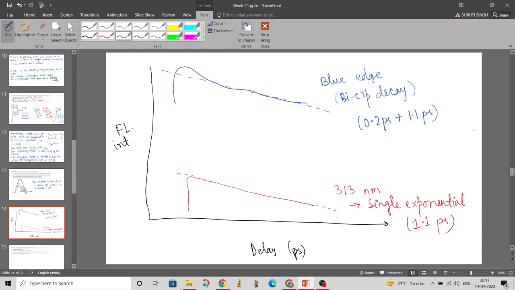So this is the case for fluorescence intensity, the semi-log plot.